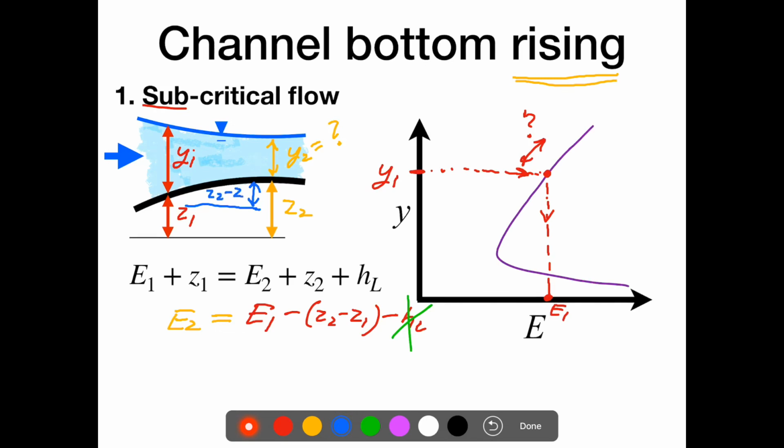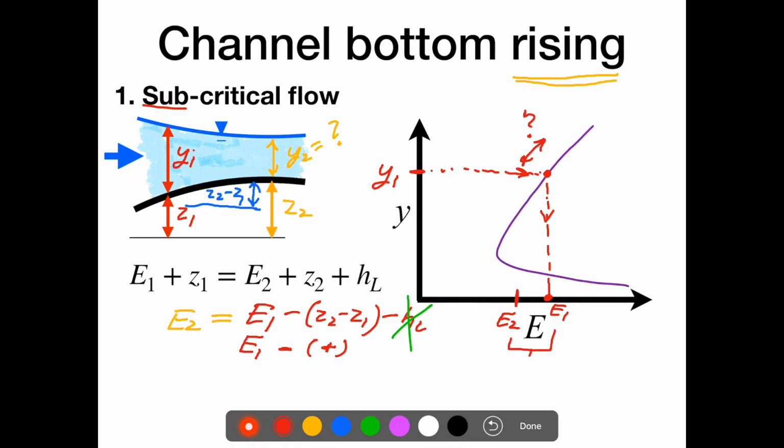So if the channel rises, then Z2 minus Z1 is positive, and you end up with a minus of a positive, which means that we're actually going to be reducing our energy from E1, okay? So all that to say that what you do now is you're going to move over to the left because the channel rose. We're going to go over here to E2.